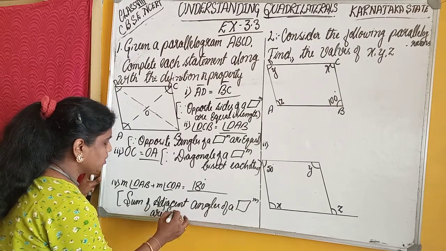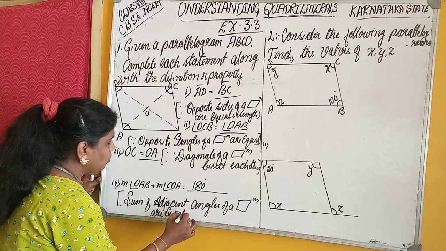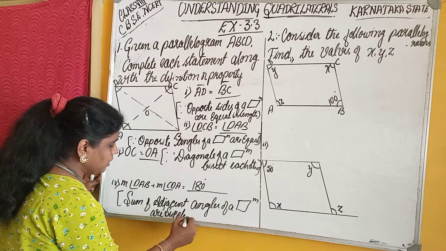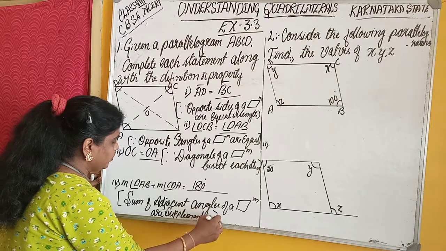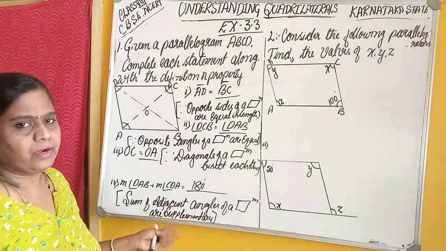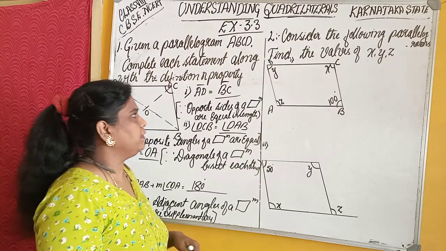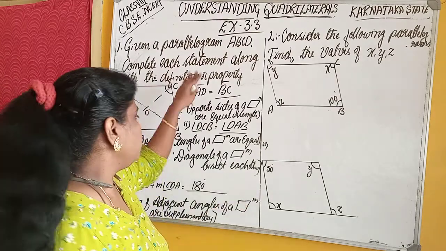What do you mean by this? If you add any two adjacent angles of a parallelogram, those are supplementary. If you add those, you will get 180 degrees. Okay, students, you got it?